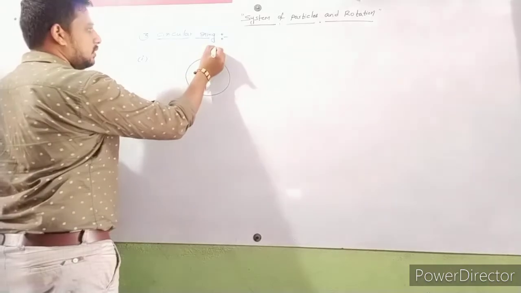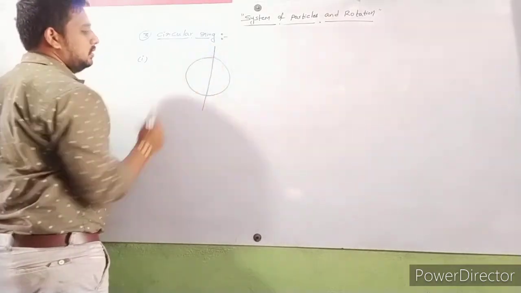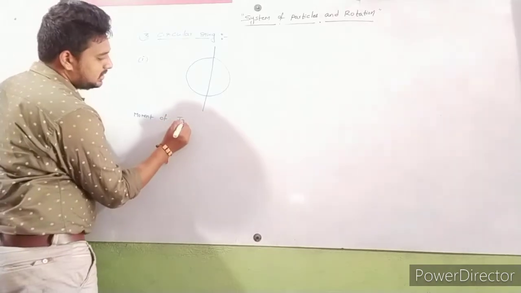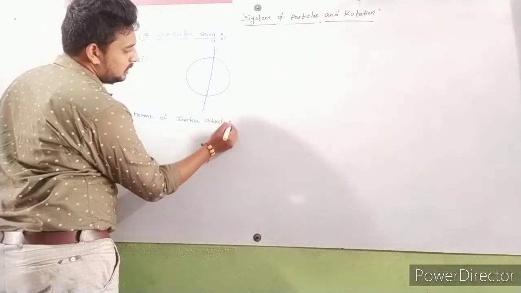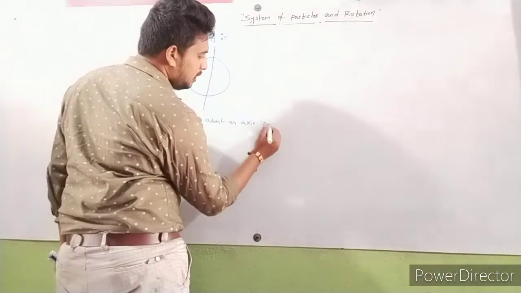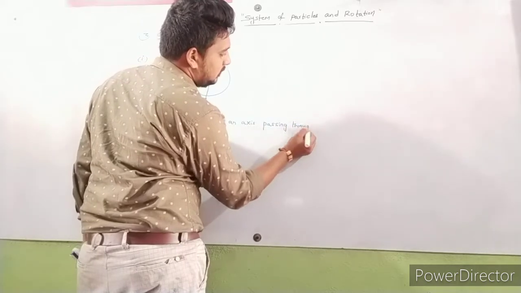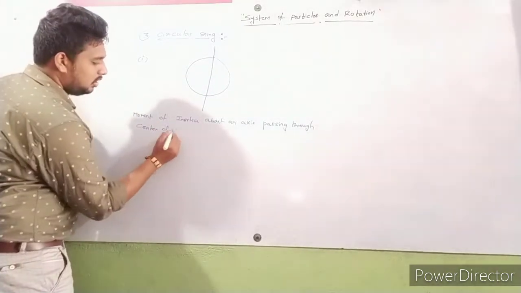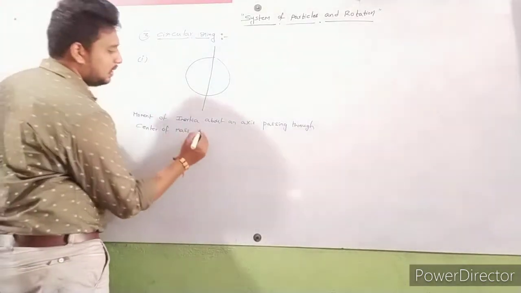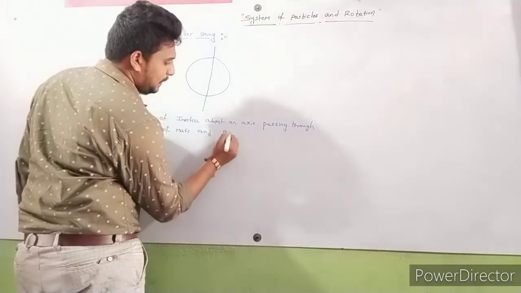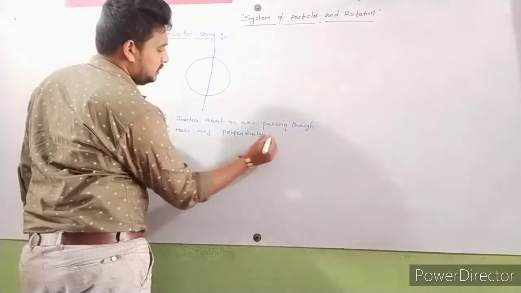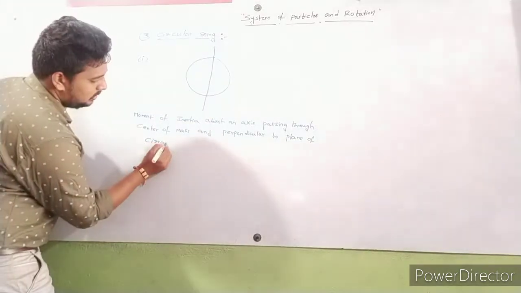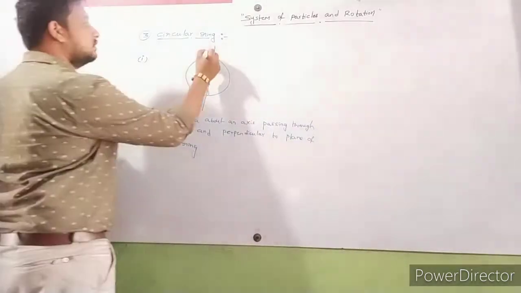Case 1. Moment of inertia about an axis passing through center of mass and perpendicular to the plane of the circular ring.